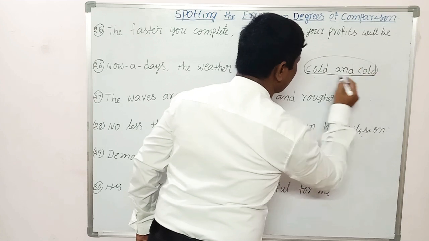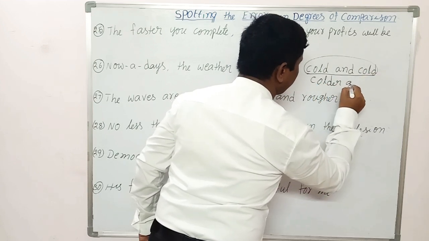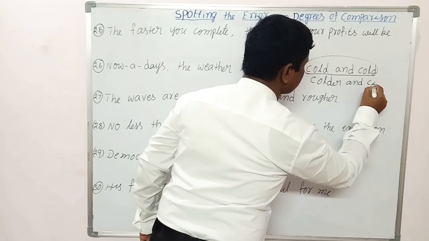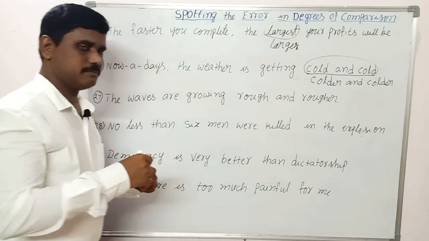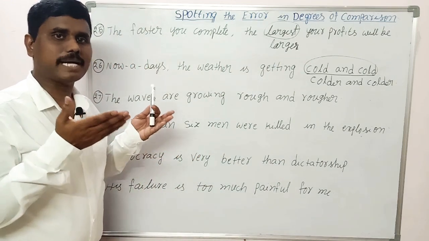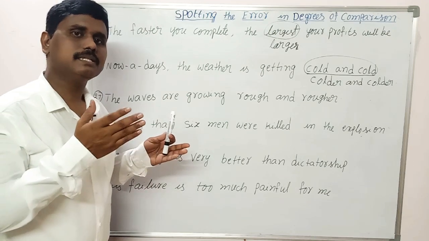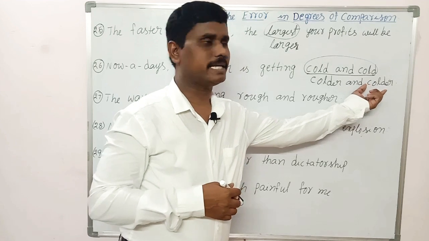So this is wrong. The correct answer is colder and colder. This is the correct answer. Once again see, when we make a parallel comparison we use two adjectives both in adjective 2. Here adjective 2, here also we have to do adjective 2.